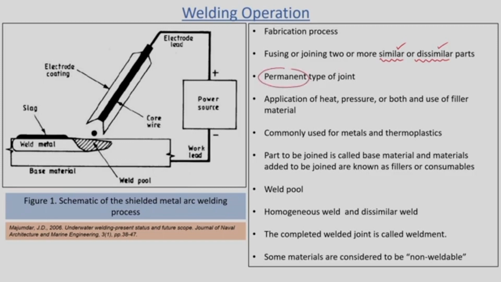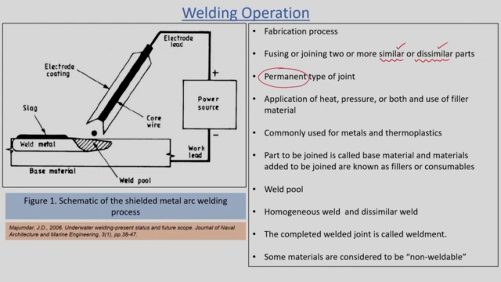is permanent joint. In fabrication process we can join two different materials as temporary as well by using the fastening methods such as screws and nuts or rivets. However, when we fuse two materials together permanently, that is the welding process.